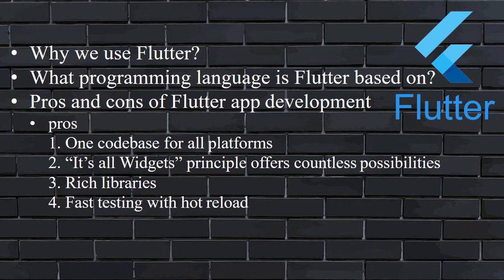Google made a lot of facilities in the Dart programming language. The syntax is the same as Java, C, and C++ programming languages. So it is the same as these languages that I have mentioned.